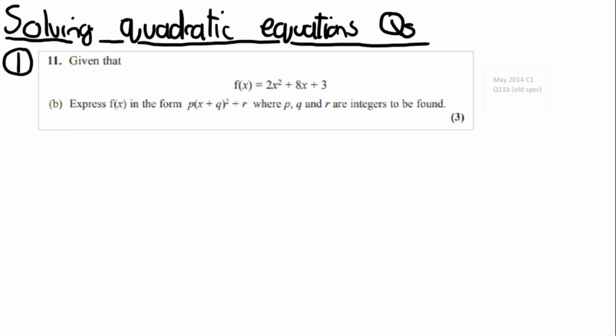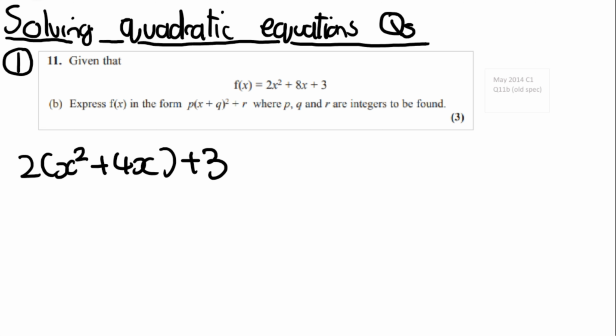So the first thing you need to do is factor out the 2. Let's do 2x squared plus 4x, because 8 divided by 2 is 4, and then the plus 3 remains on the outside. And then you do the technique. So you do x plus 2 squared, because obviously 2 is half of 4.